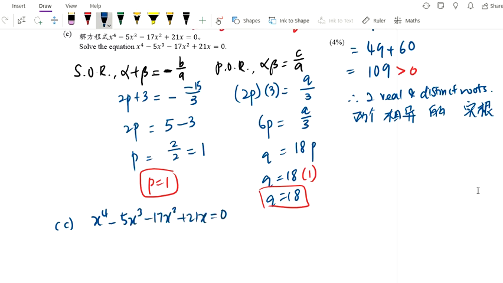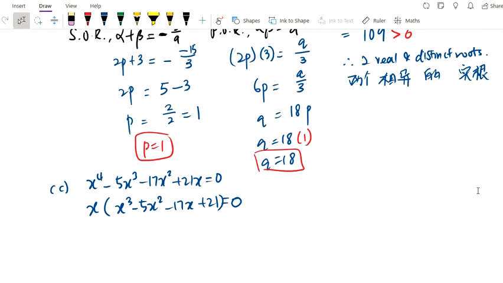Okay, so as I said just now, you can factor out your x. So you have x cubed minus 5x squared minus 17x plus 21 equals to 0. And just like your quadratic equation, if you have two brackets equals to 0, bracket 1 and bracket 2, then either 1 equals to 0 or 2 equals to 0. This is actually the principle of zero products.